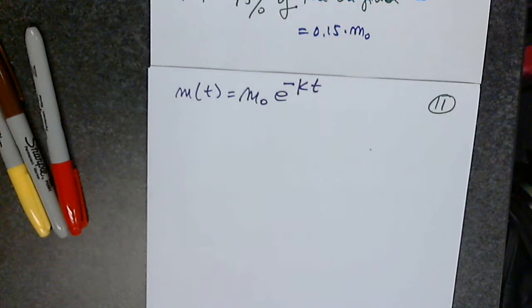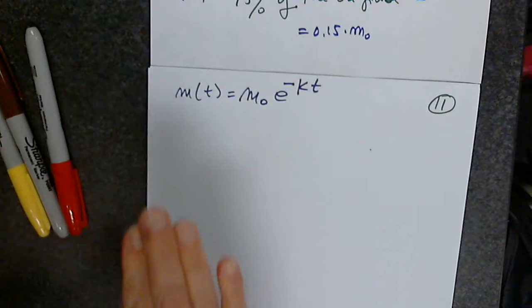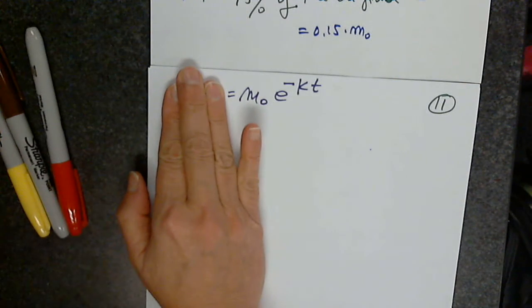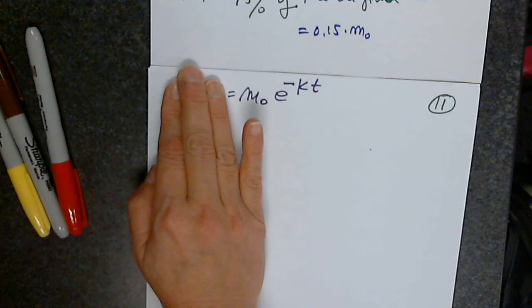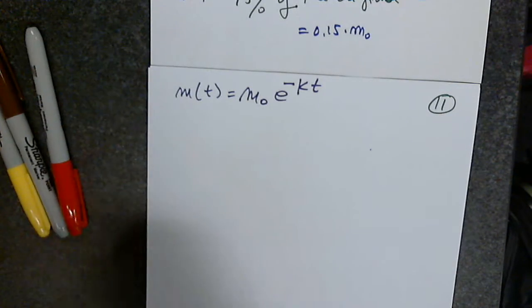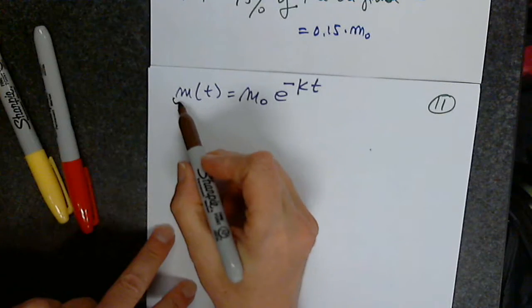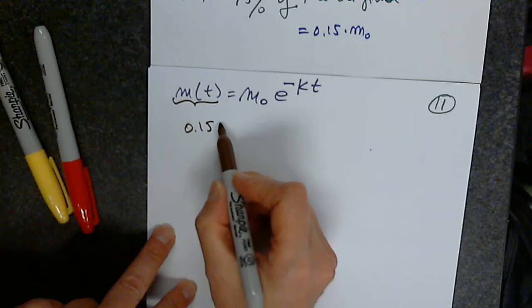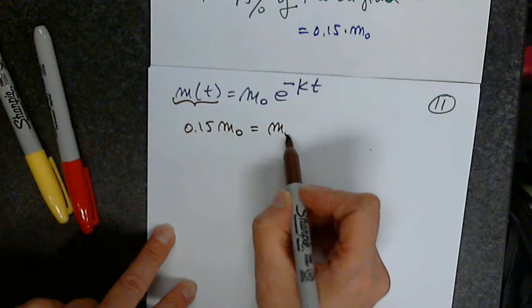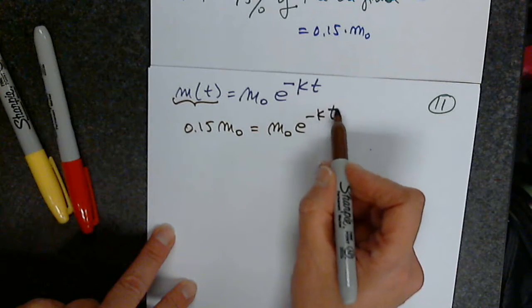So today, this is 15% of m0. What would you tell me to write? 0.15 m0 equals m0 e to negative kt.